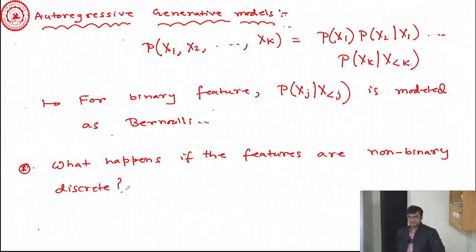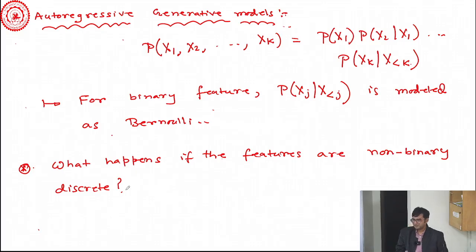How do you model it? Because whatever we talked about was for binary, and the fact that we are working with Bernoulli is only because it was binary. So can you think of an example where it will be non-binary discrete? Any example, any data set where it will be non-binary discrete?